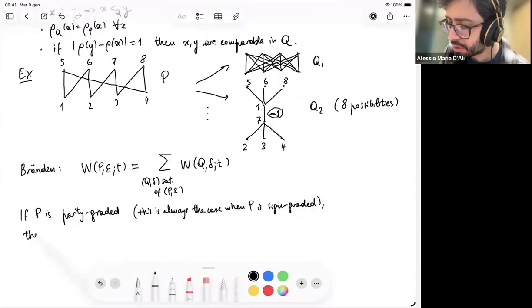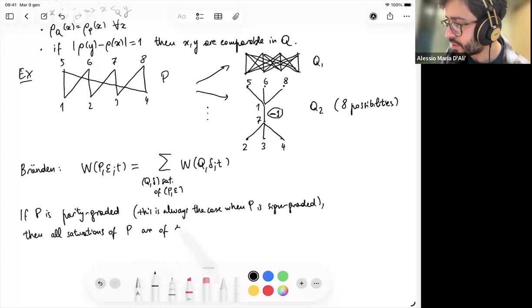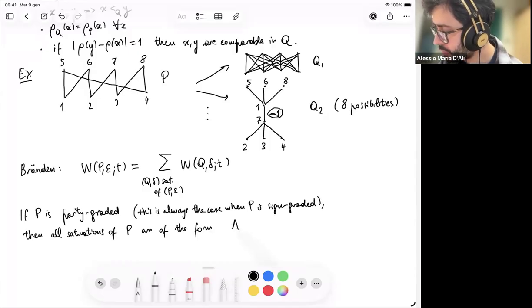Then you actually can describe saturations. There are things that are basically anti-chains stuck together. So you have some anti-chain, then you put just ones over.